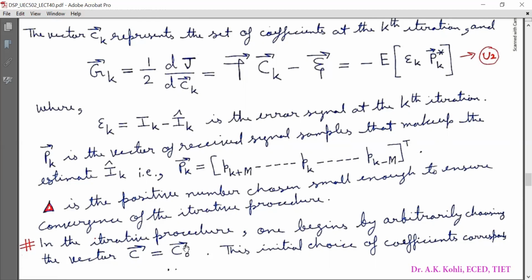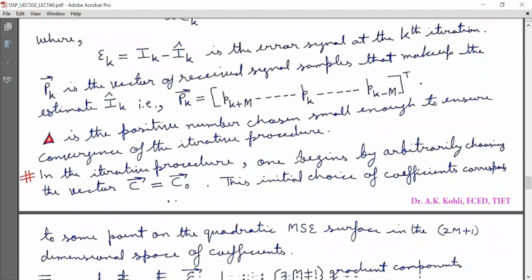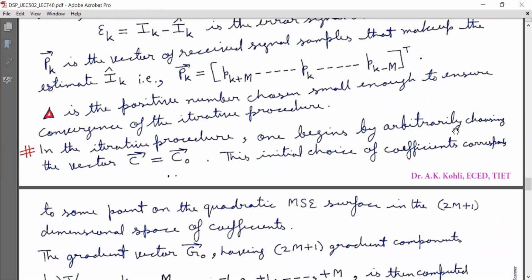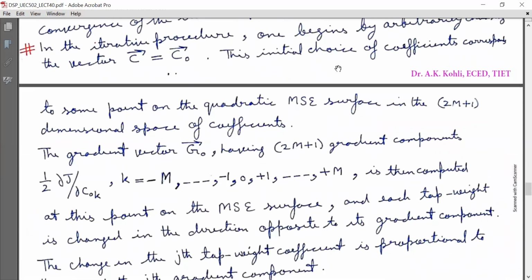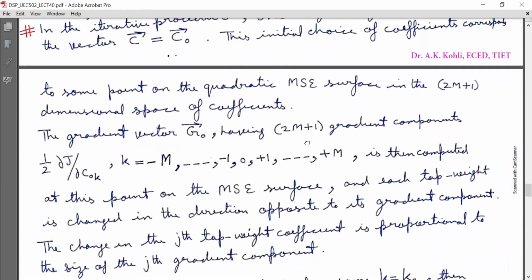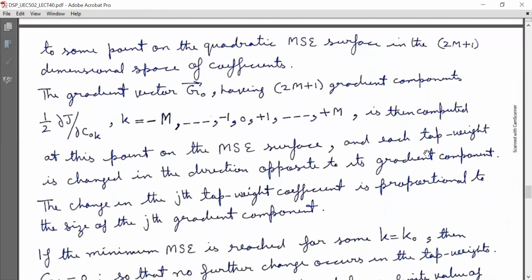In the iterative procedure, one begins by arbitrarily choosing the vector C equal to C naught. This initial choice of coefficients corresponds to some point in the quadratic MSE surface in the 2m+1 dimensional space of coefficients.